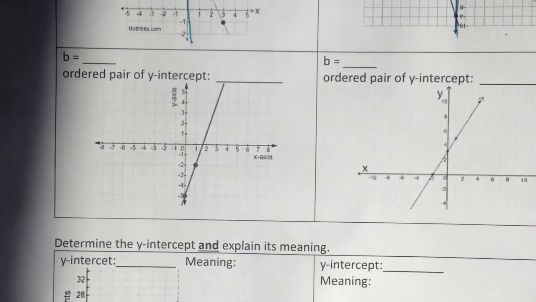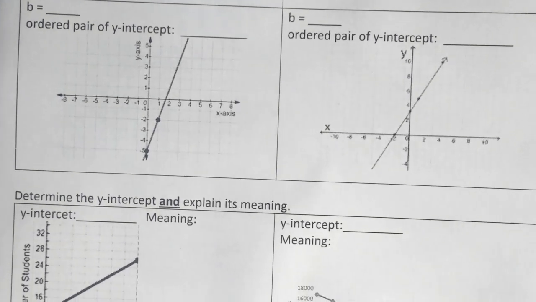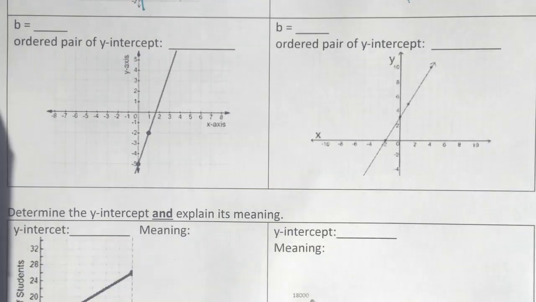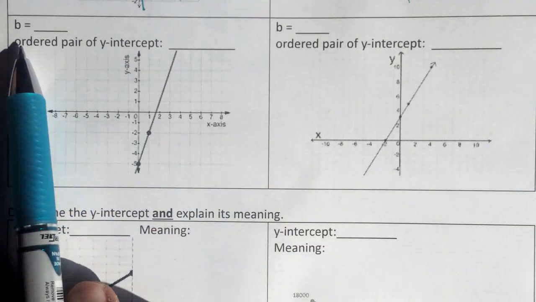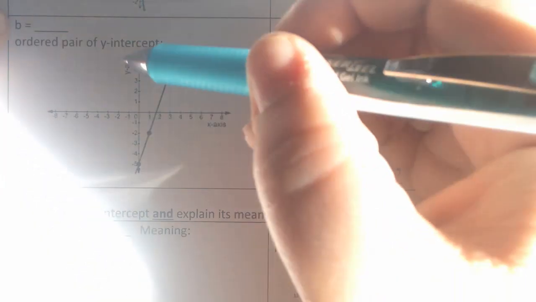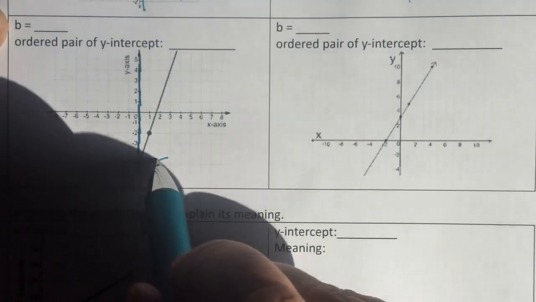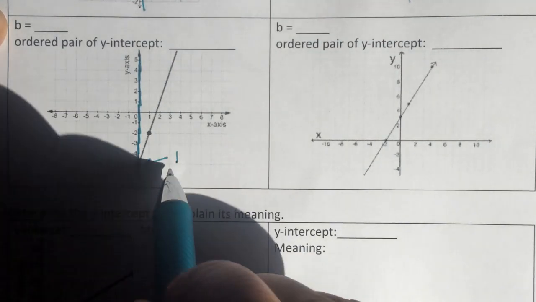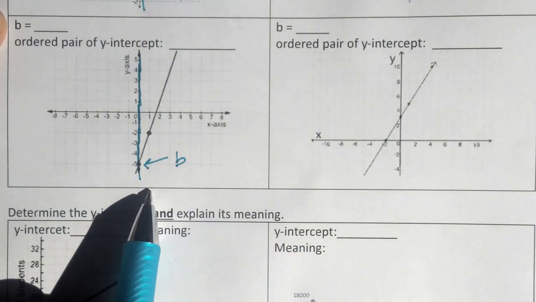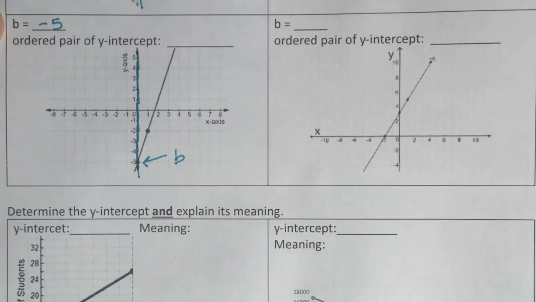Looking at the example below that, we want to find the y-intercept again. So tracing the y-axis, the y-intercept is right here. That number is -5, so b equals -5.